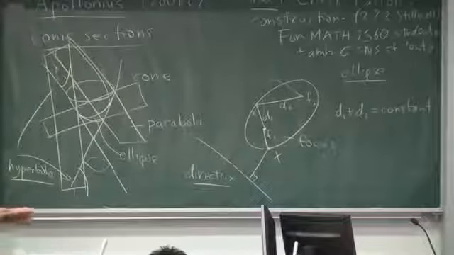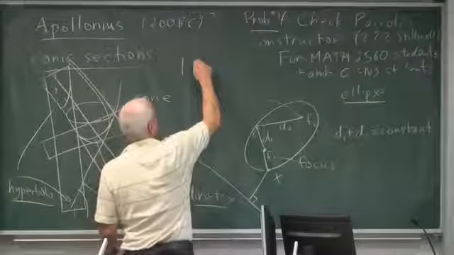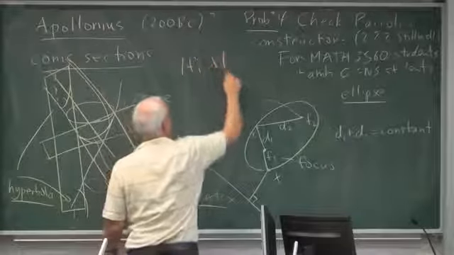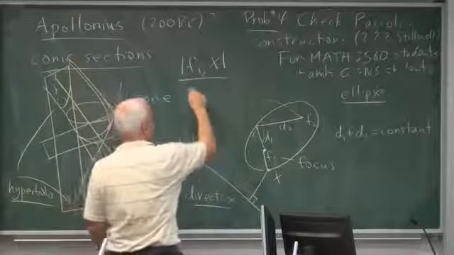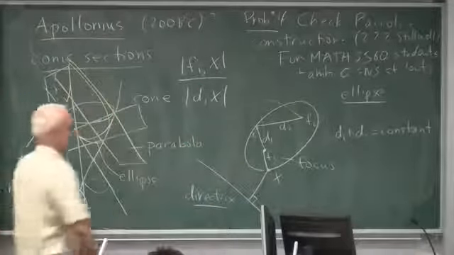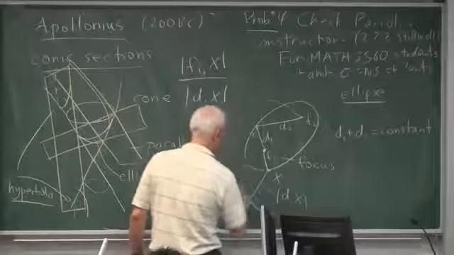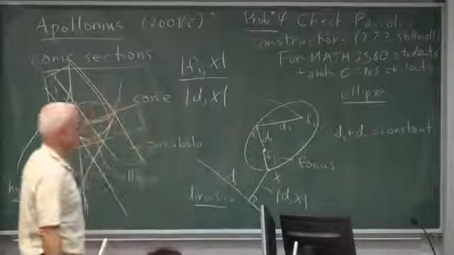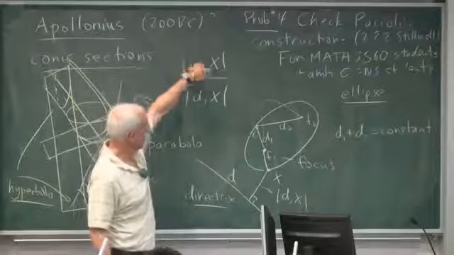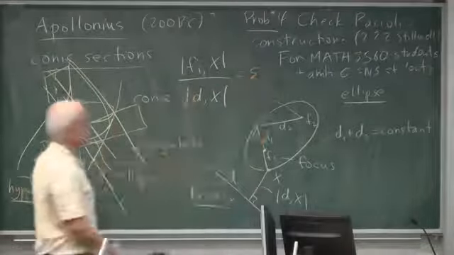So that's the distance from the directrix d to the point x, the perpendicular distance, and that's the distance from f1 to x. And that should be some fixed number epsilon.